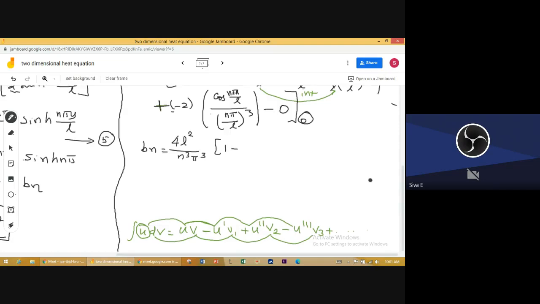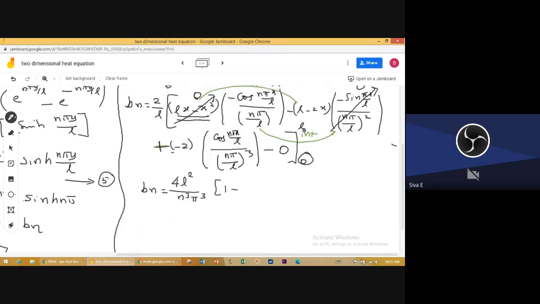Why 1 minus? If you substitute l here, we get cos n pi. I will write one more step, because you are not able to understand this. If you substitute, cos n pi minus, and 2 also outside, here minus is there.